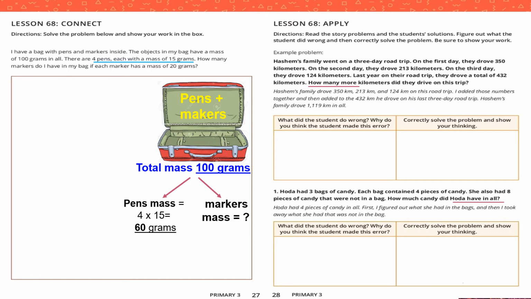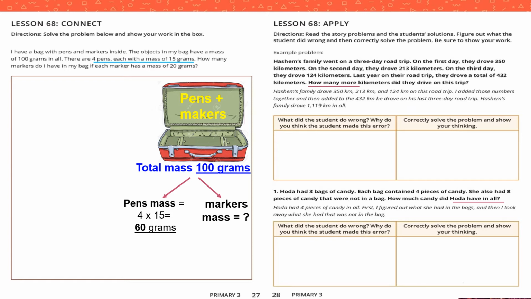We know how to multiply it. We will put them in vertical way and start multiplying. So the total mass is 100 grams, and the pens' mass is 60 grams, because 4 times 15 is 60.